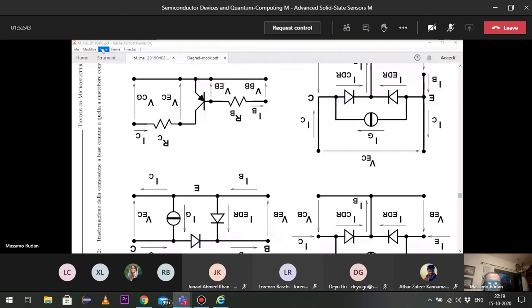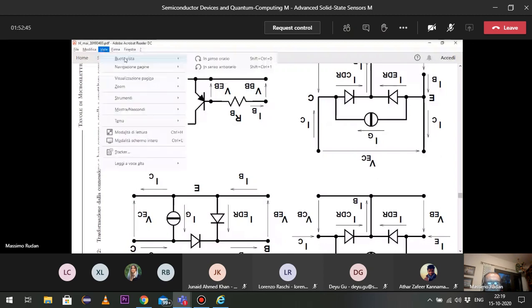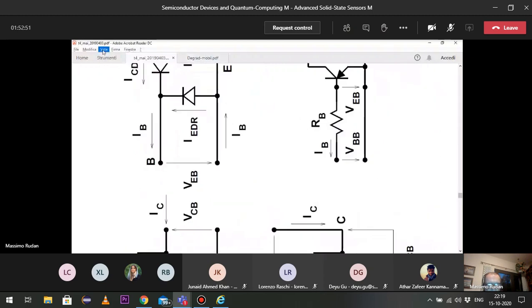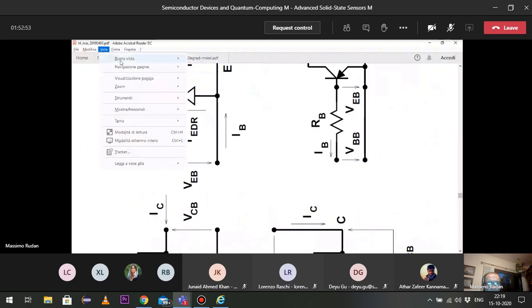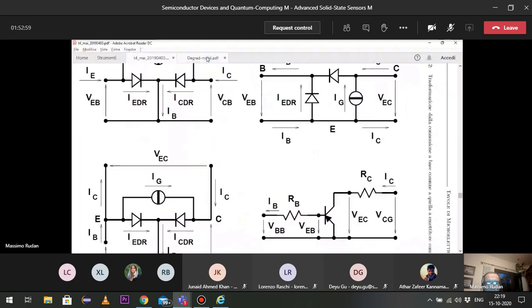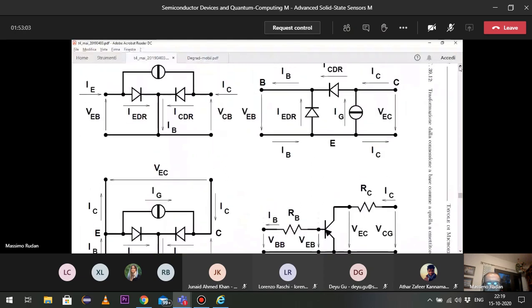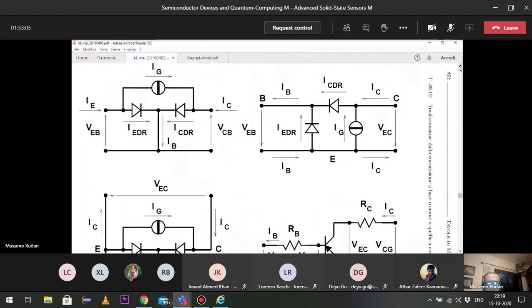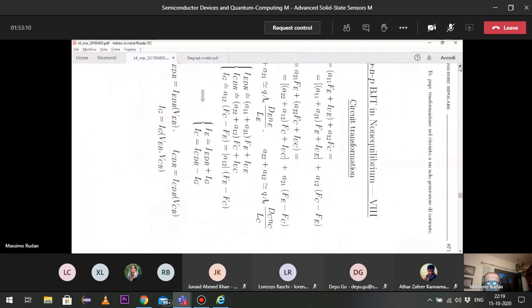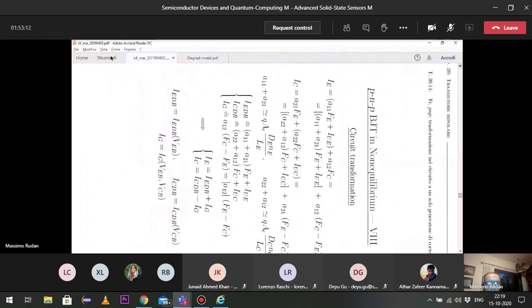So it is very easy to manipulate the circuit having two generators in order to obtain a circuit with one generator, okay? So we need the equation, so I did the wrong thing. I must rotate again.